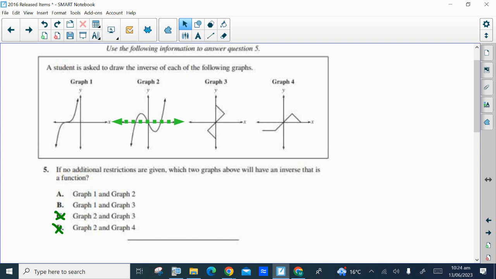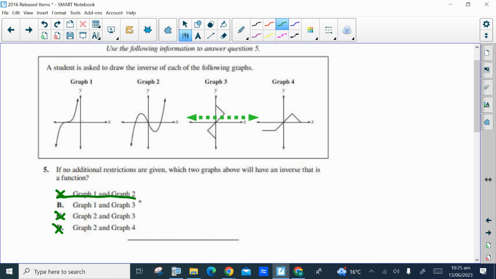So graph 2 is not correct, so now we only have B left, which says that graph 1 and 3 will work. Graph 3 does pass the horizontal line test. Graph 4 does not. You just have to find any spot where it fails that test, and that's what you're looking for. So this confirms that the answer is B, graph 1 and graph 3.